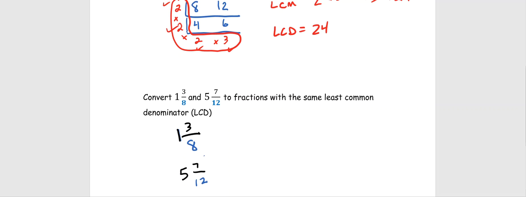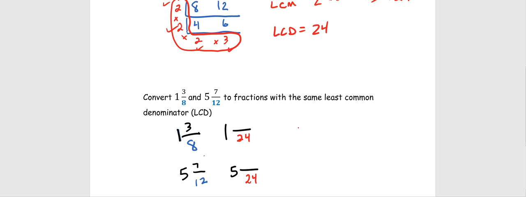The reason for that is that if I was getting ready to add or subtract these fractions, I'd want them stacked vertically. And now I'm simply going to rewrite my fractions with my new denominator. I know the common denominator is 24 in both cases. So I'm going to rewrite 1 3/8 as 1 and some number of 24ths, and my 5 7/12 as 5 and some number of 24ths.